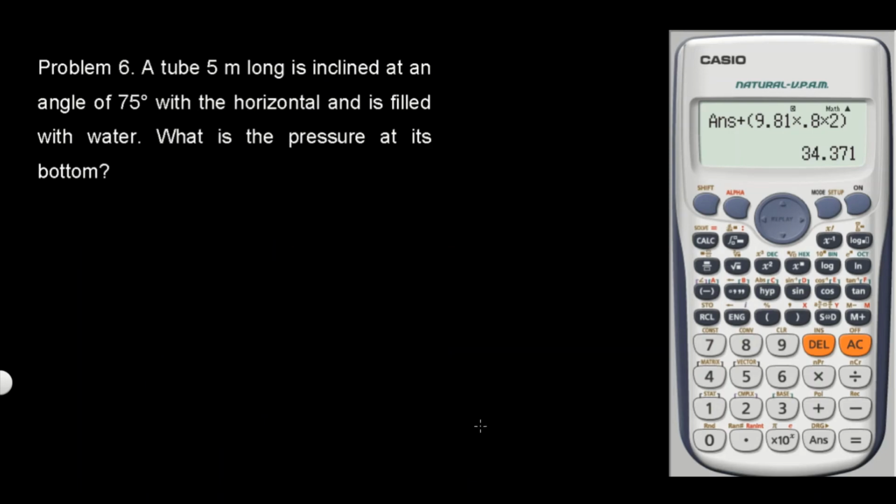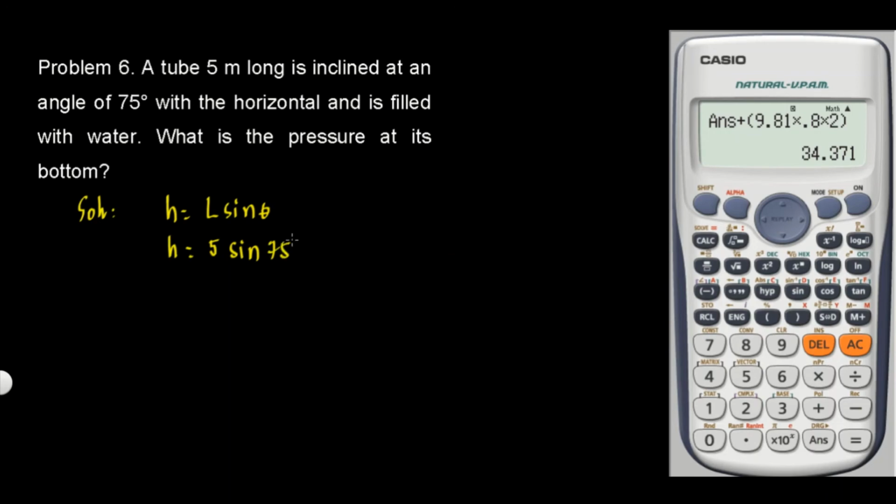Problem 6. A tube 5 meters long is inclined at an angle of 75 degrees with the horizontal, ends filled with water. What is the pressure at its bottom? Solution: H is equal to L sine theta. L is 5, theta is 75 degrees.